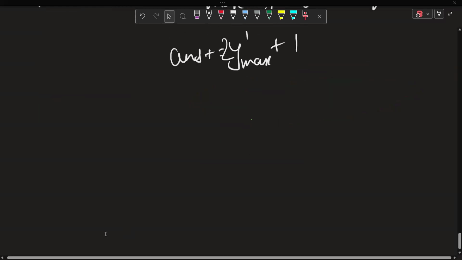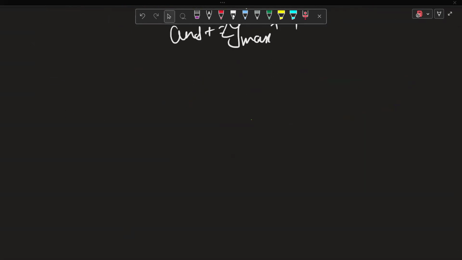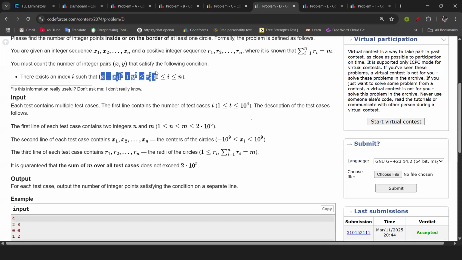So what's the condition for this y? If you have any point x dash comma y dash, the condition is also written and you can derive it also. This is the condition that it should satisfy for any i. If it satisfies this for any i, your job is done.